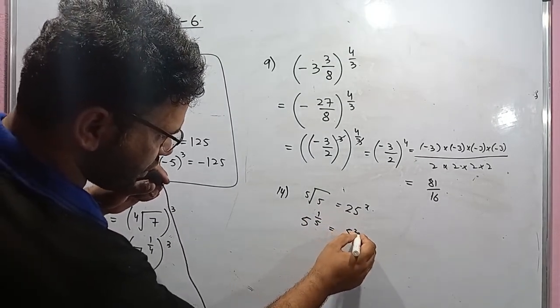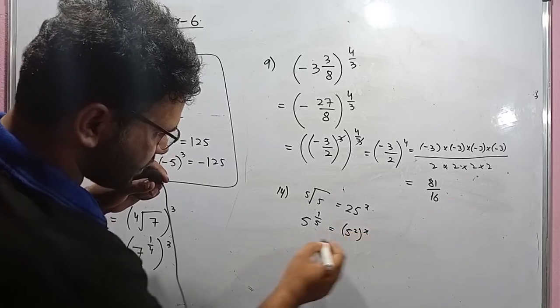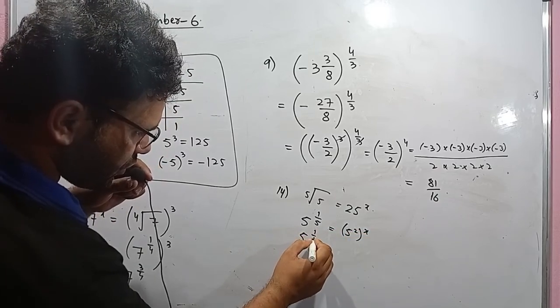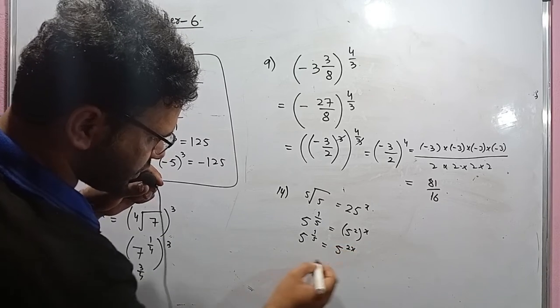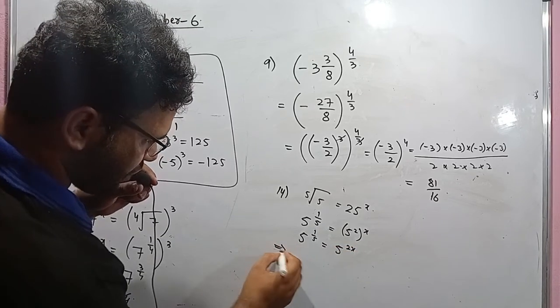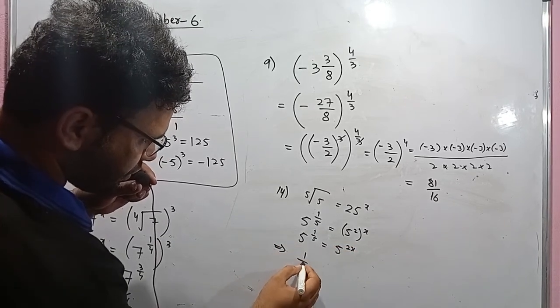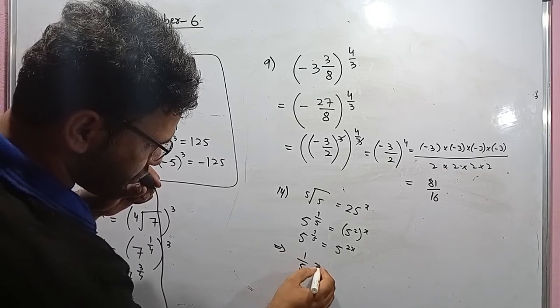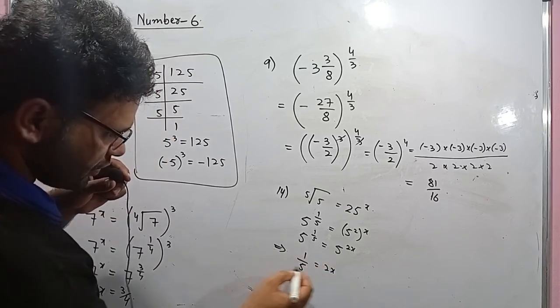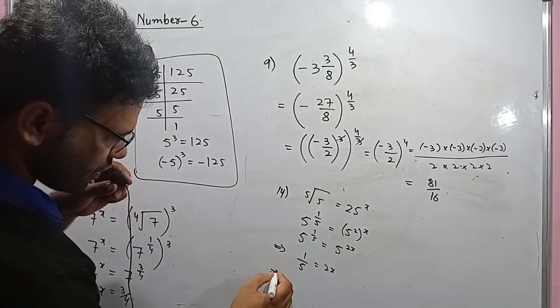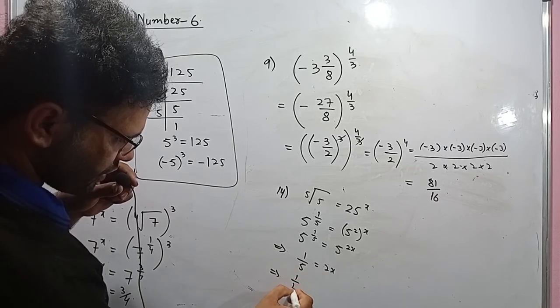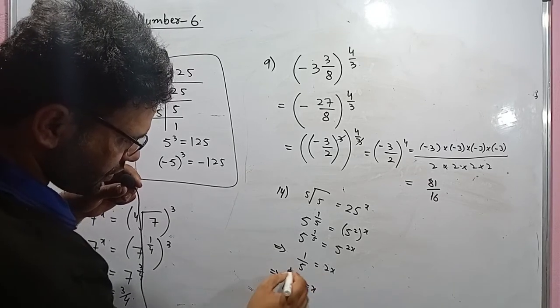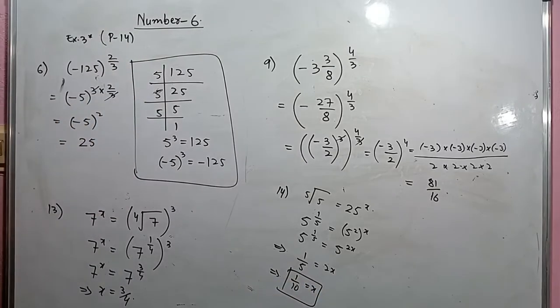I can write 5 square whole power x, that's 5 power 1 by 5 is equal to 5 to the power 2 into x, it's 2x. Now bases are same, it means powers are equal. That's 1 by 5 is equal to 2x. Then doing transposition, you can see there 2, it's 1 by 10 equals x. So x is equal to 1 by 10 is the answer of the question.